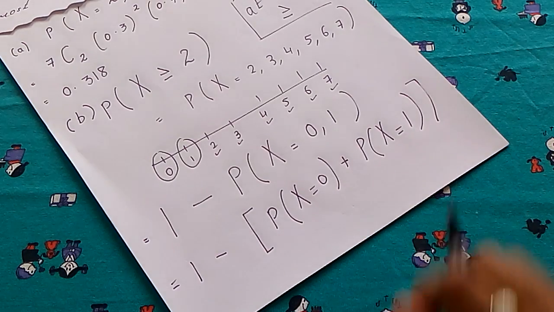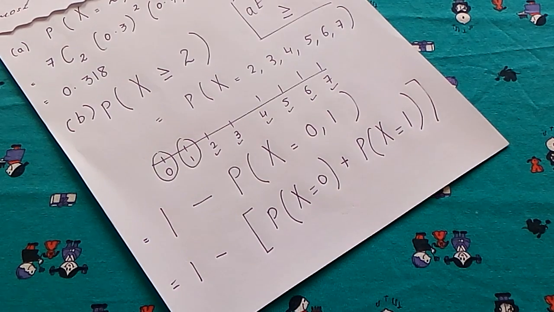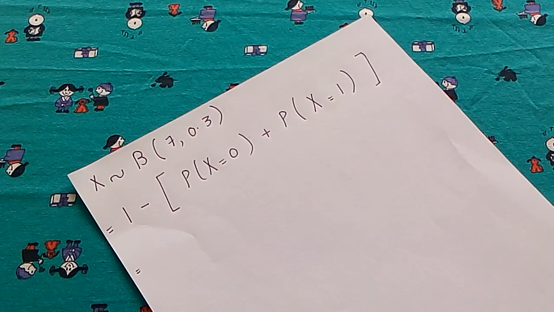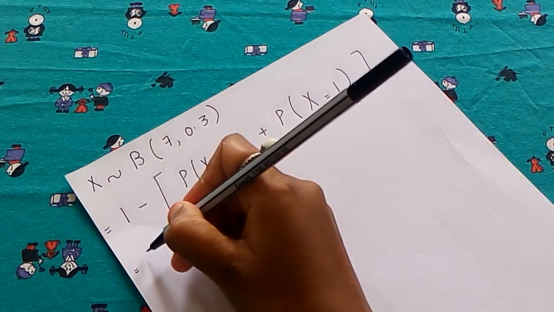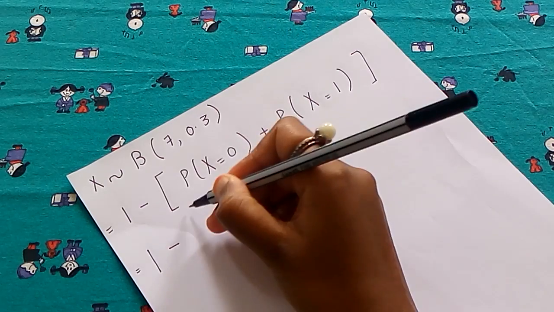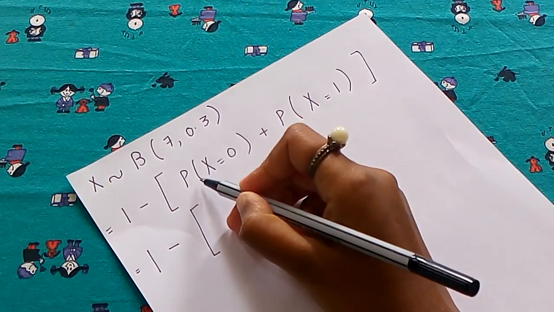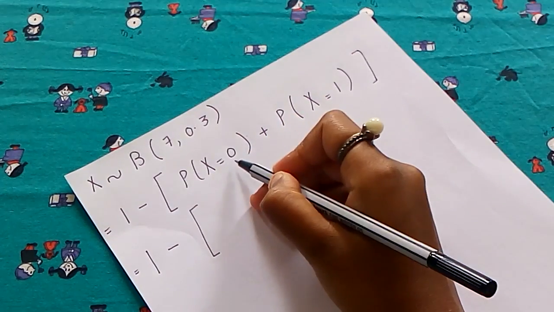So once we have written this, we can calculate the probabilities. Let us work out the probabilities. So we have 1 minus open square bracket. Let's calculate the first probability, X is equal to 0.